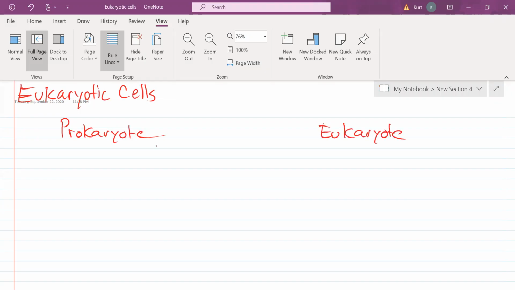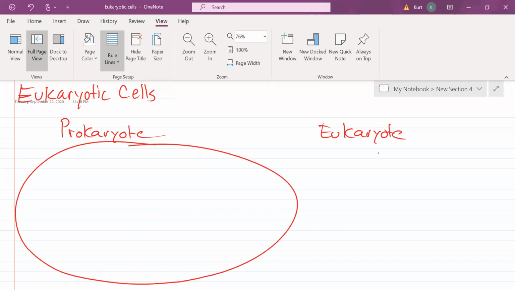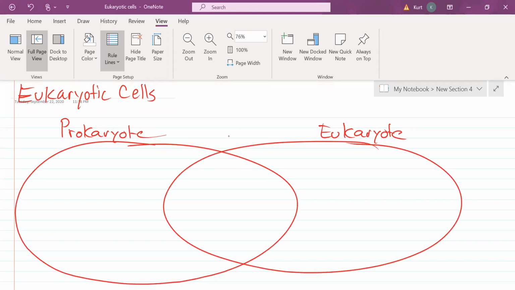So we're going to do a little Venn diagram. And obviously where they intersect is what they both have in common. So prokaryotes were the first cells on Earth. When life began about 2 to 3 billion years ago, these were the first types of cells. They're single-celled organisms. They're all unicellular, which means the entire organism is one cell.